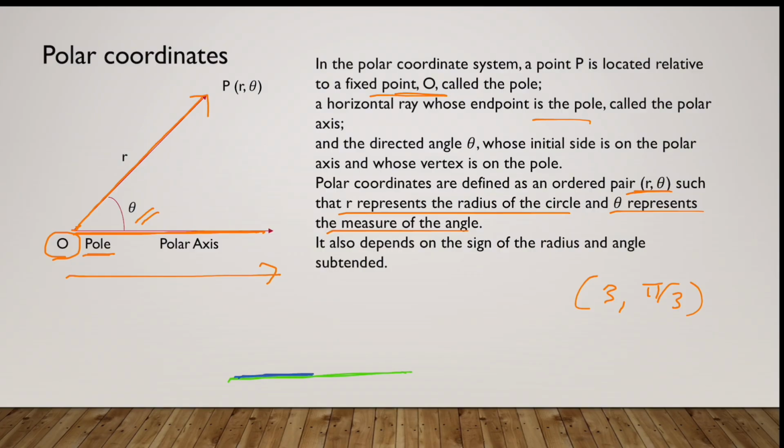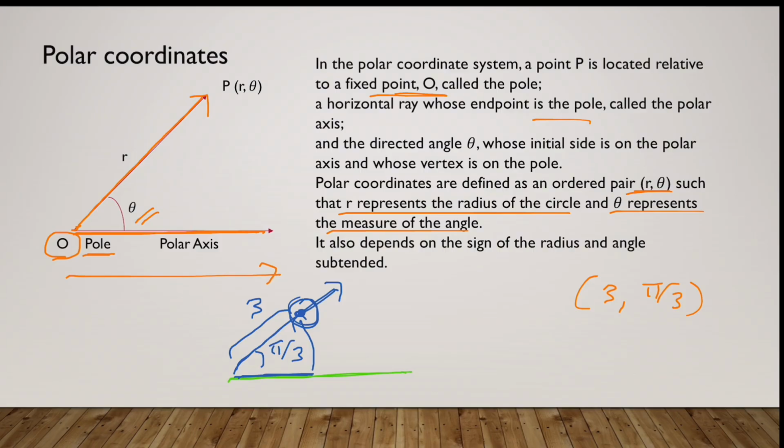I'll move right here, and then it gives me an angle of pi over 3, which is 60 degrees. So it'll be something like this. It'll move right over here. So this point right here, which has a radius of 3 and theta of pi over 3, is right here. That is how you define a polar coordinate.